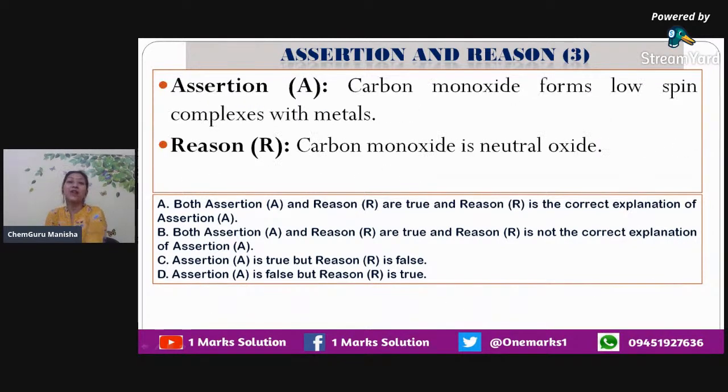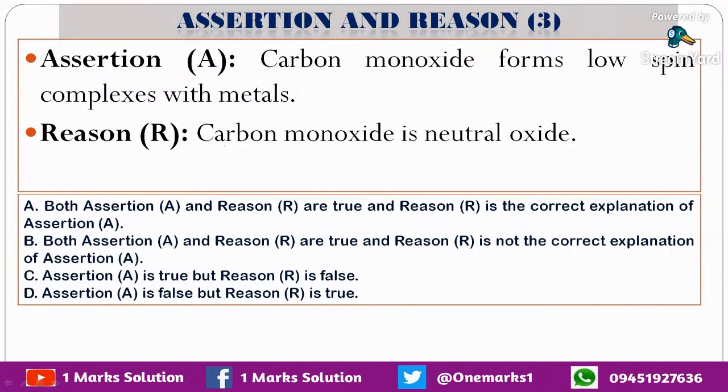Third statement that we have is carbon monoxide forms low spin complexes with metals. Carbon monoxide has a very peculiar character, I would say. It exists as carbonyl also, so it's very flexible and gives you a lot of range of variation.